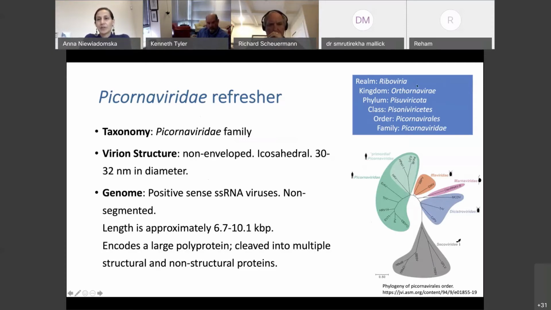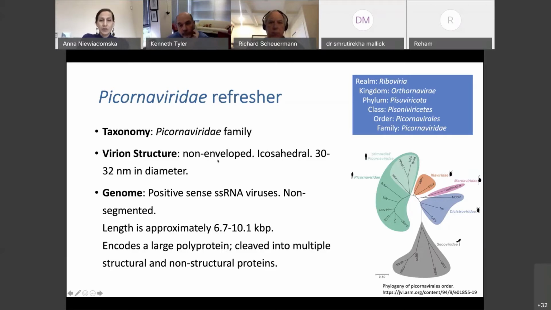They're part of the RNA virus families, and they're part of the order Picornavirales. And if you look at this tree, you'll see that they're not just in humans and mammals, but there are actually quite a lot of related viruses in insects and amphibians and even plants. So it's quite a diverse and large family.